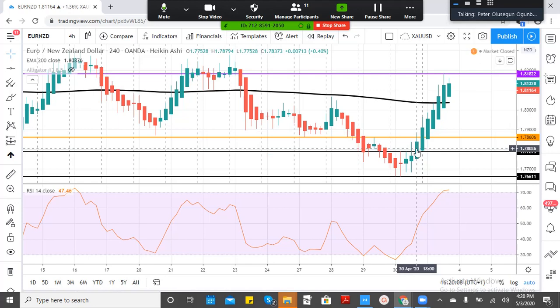Most of the time, what happens if you want to trade this is that you are expecting the price to break here so that you can follow the price to continue to buy. The price will not do that. The price will not just break and go on.